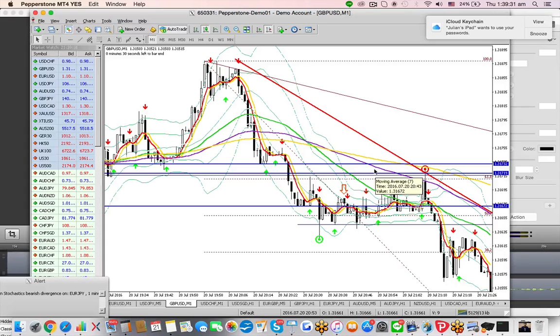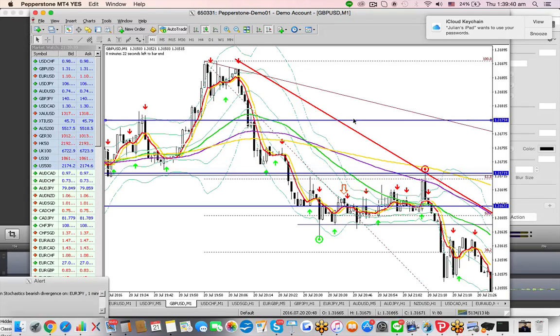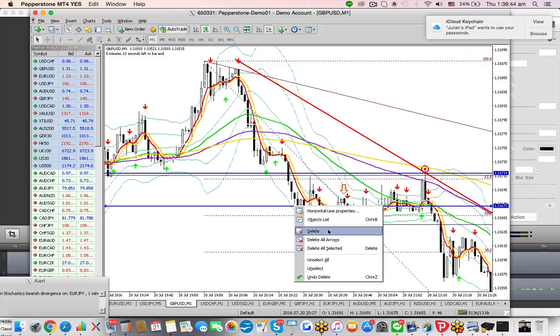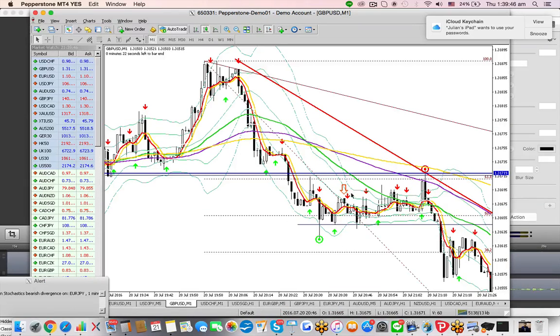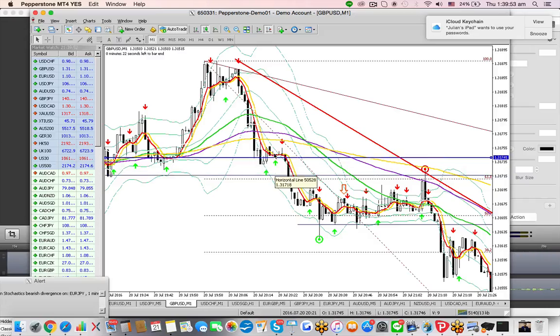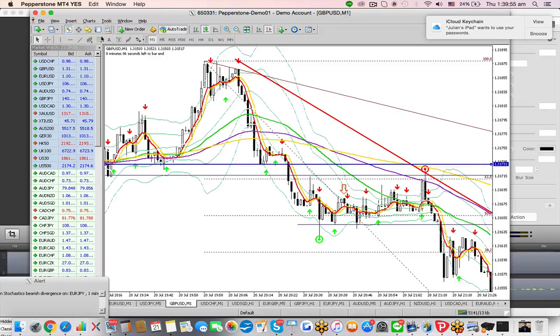So, a bit too many lines, you think. Let me get rid of some lines. Okay, so in terms of spotting peaks, this is my first peak.